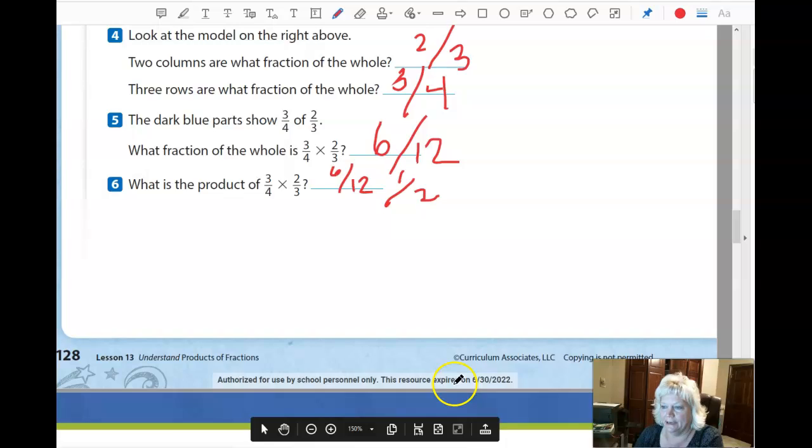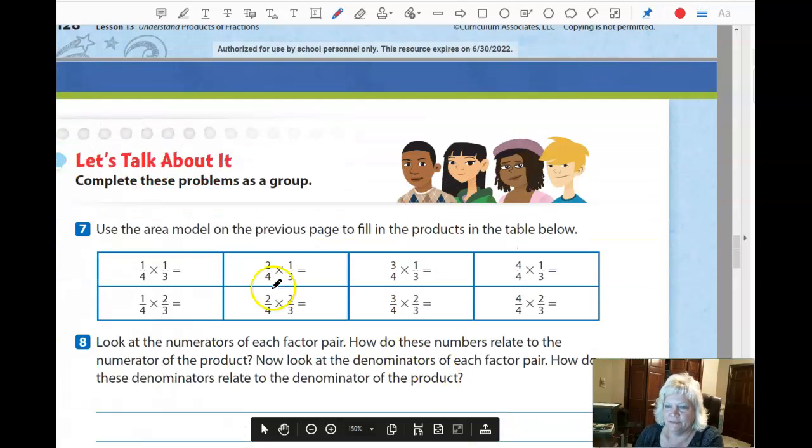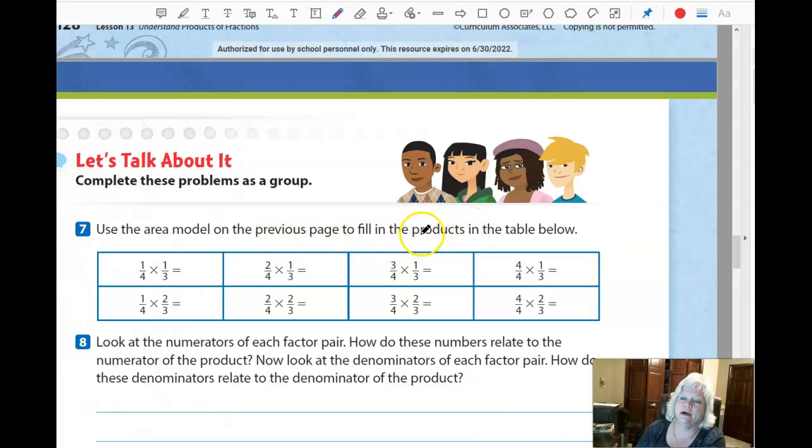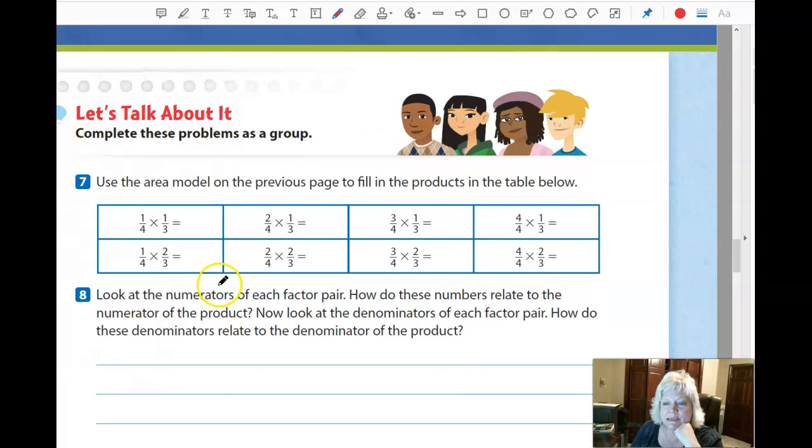Okay, next page. Now we have a table. Use the array model on the previous page to fill in the products on this table. If you use the array model, you don't have to draw these right here, but you're going to in just a little bit. The answer to this is 1 and 1 multiplied would be 1, and 4 times 3 is 12.